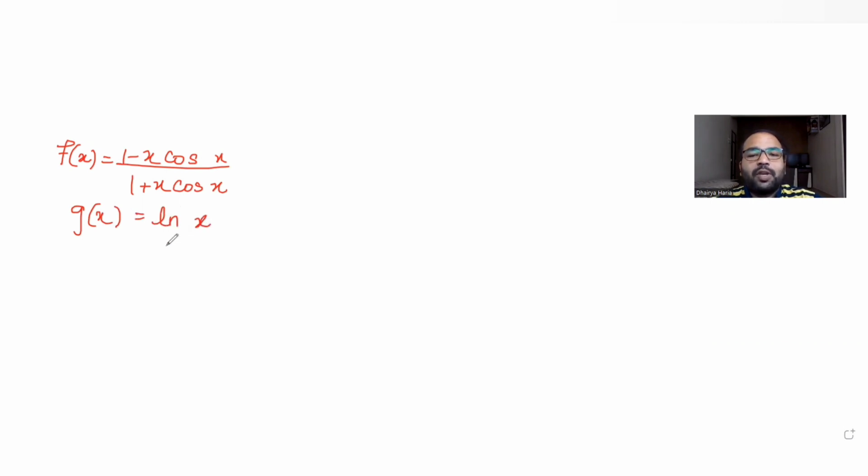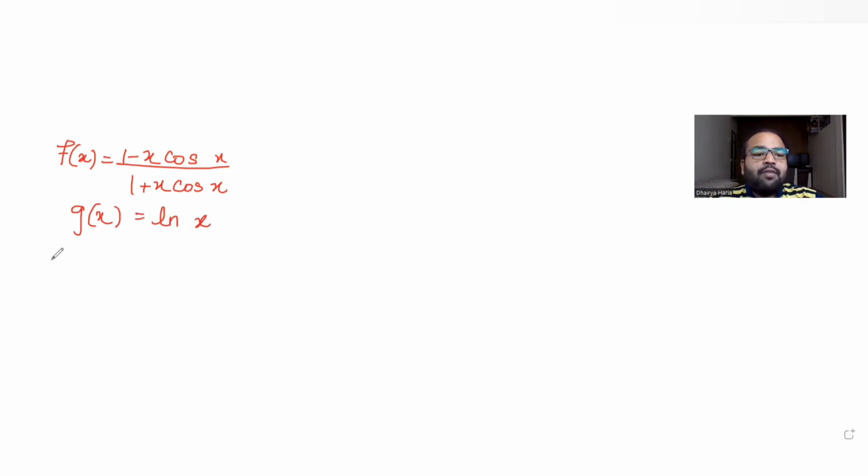Let's see today's question. Today's question is from the topic of integrals. We have been told that a function f of x is (1 minus x cos x) upon (1 plus x cos x), and there is one more function, g of x, that is given by log of x to the base e.